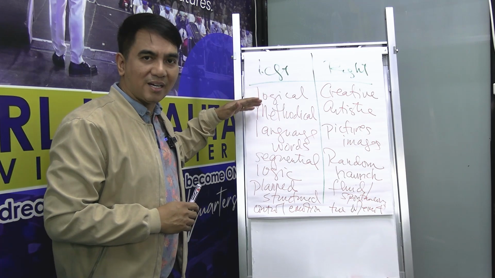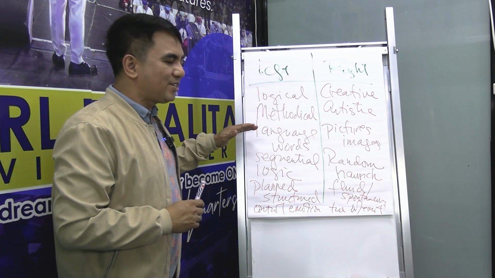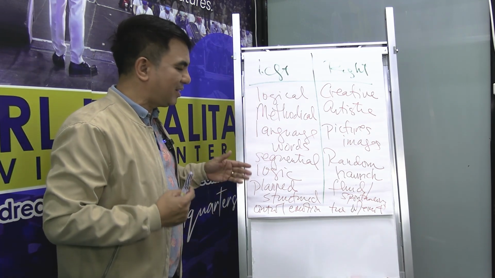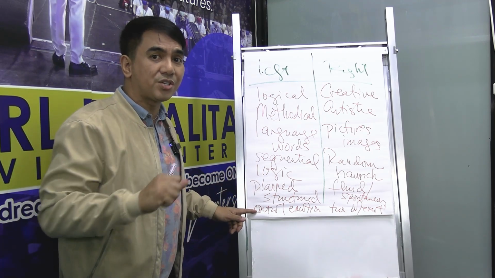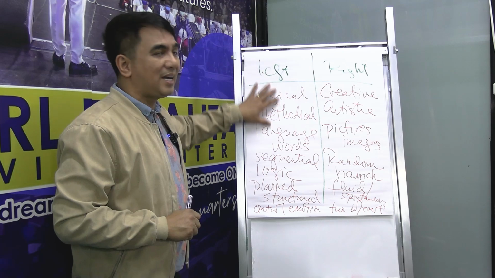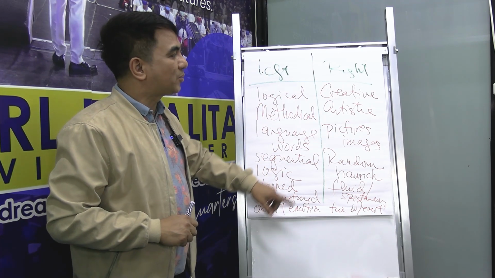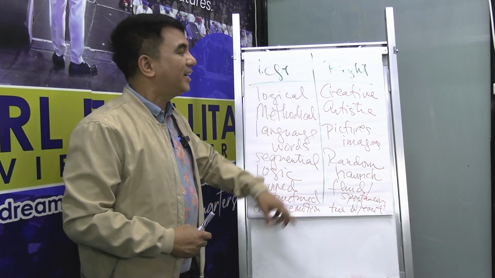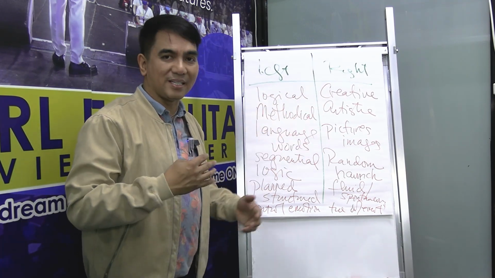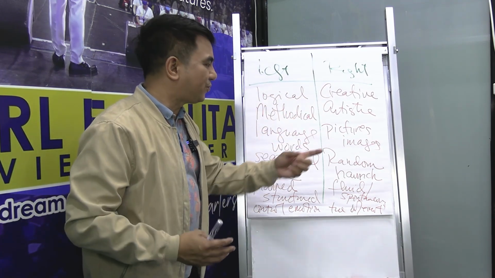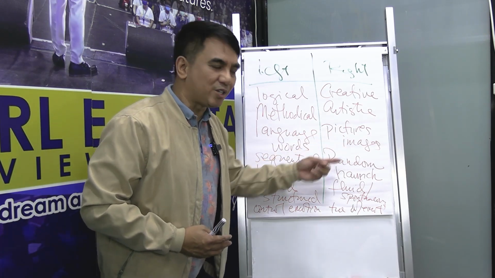Now, to recap this, most of the time, we are using our brain only on one side, dominating either our being so logical, our being so methodical, our being so language and words driven, being sequential and too logical, planned and structured, and controlling that emotion. That is when the left brain is at work. But when the right brain is unleashed, it will tap creativity, artistry. Of course, it will look not into words, but into feelings, into images, into pictures.